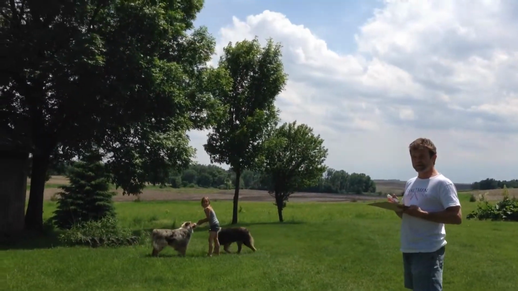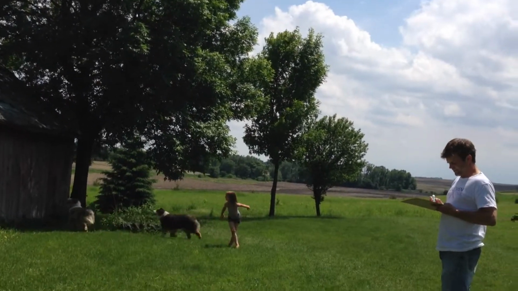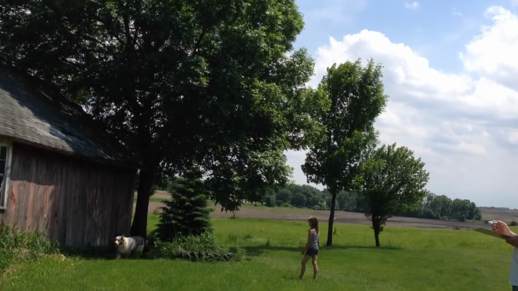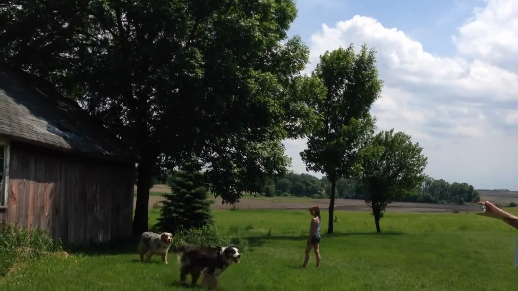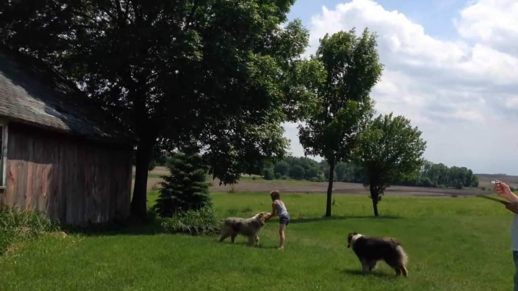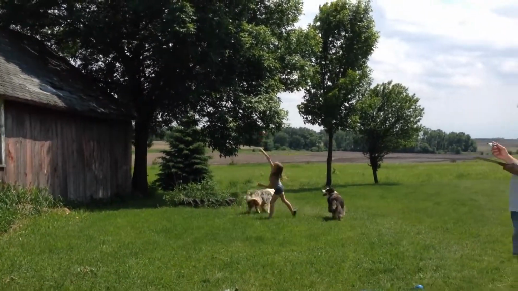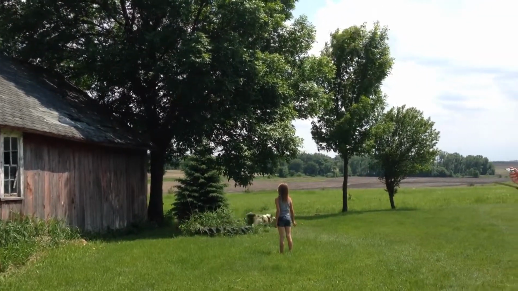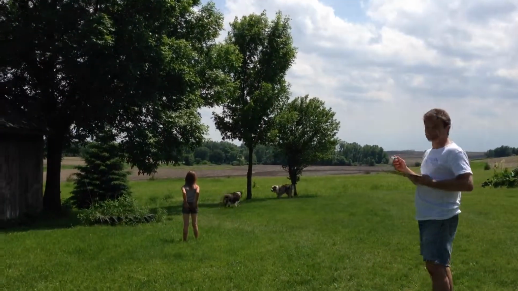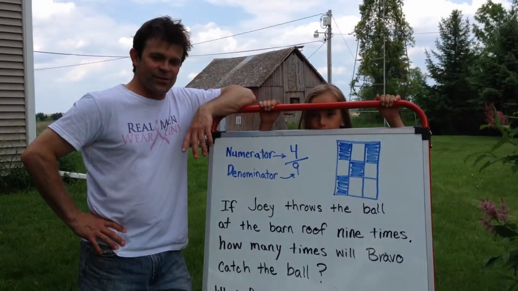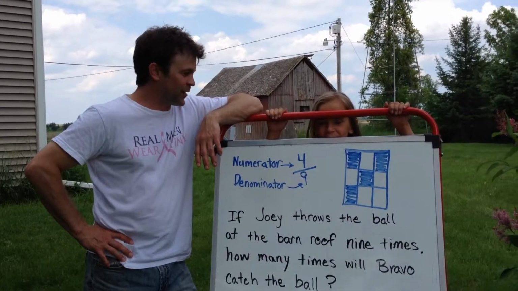How many no bounces? That's 2 no bounces. 1 bounce, 2 no catches, and 5. Okay, so that's another 1 bounce. 2 1 bounces. Good dog. Joey, I think that's 9. We done? Cut.